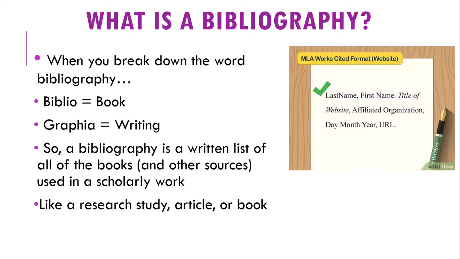So you would have things like the bibliographic citation, the bibliographic information, the author's name, the title, organization, the date, and the URL. Those are some of the things that might be involved in that bibliographic citation.